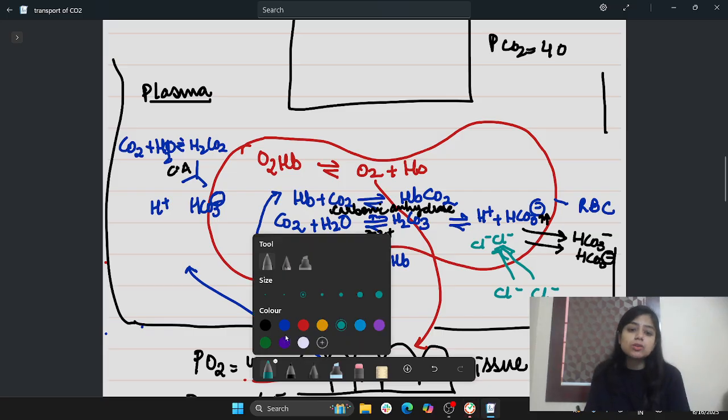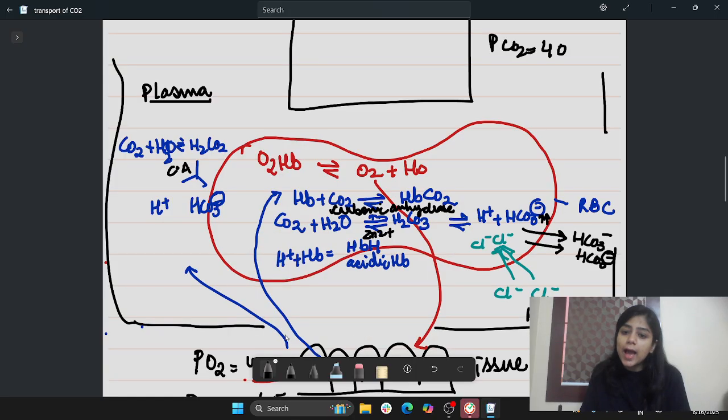This process is known as Hamburger's effect or chloride shift. Question comes, the chloride shift takes place at which site? What will be the answer?